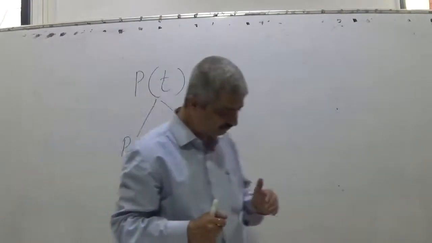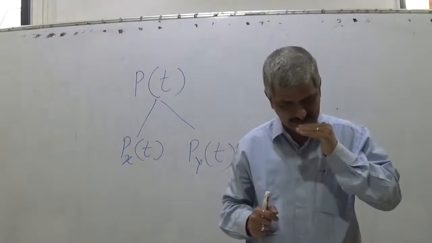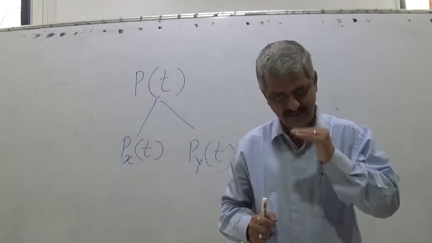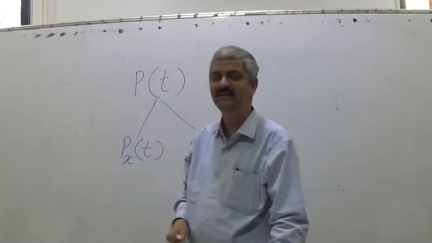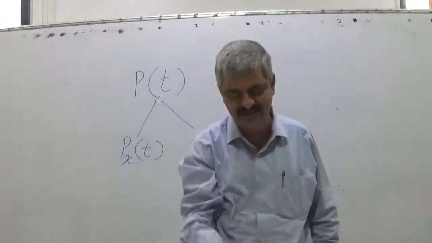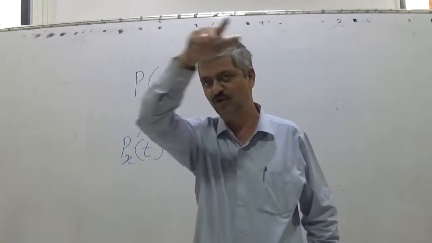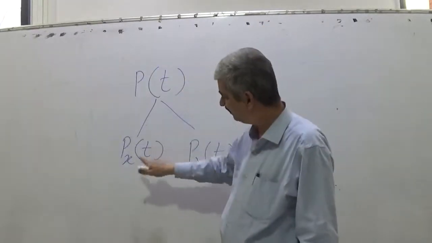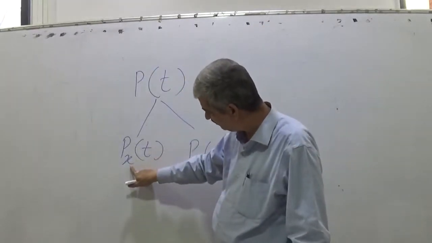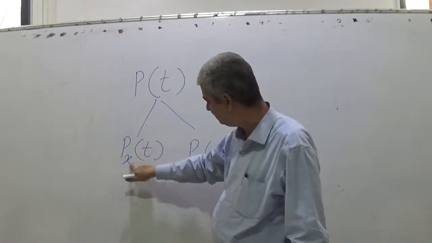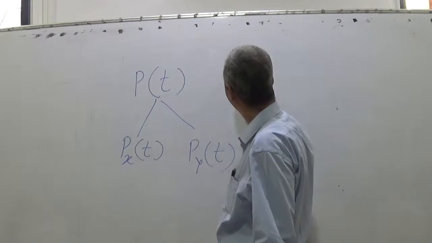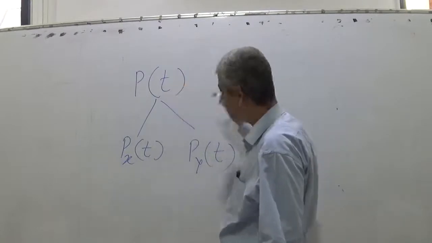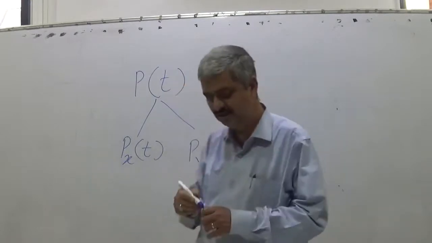So at every time instant, the point is there on a plane, means there would be a projection on the x-axis, the horizontal axis, and a projection on the y-axis. So x component and y component of p(t) with respect to origin.